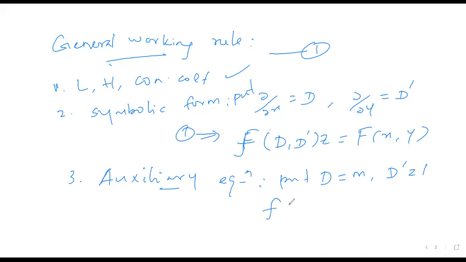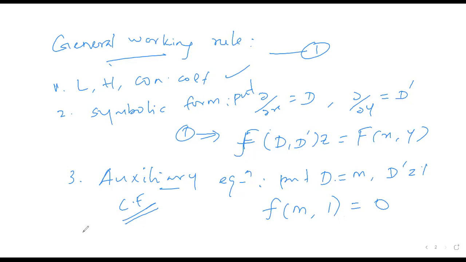So our equation changes: wherever D, I put m, and for D dash, I put 1. Since we are talking about the complementary function, this will change into f(m, 1) equal to 0.